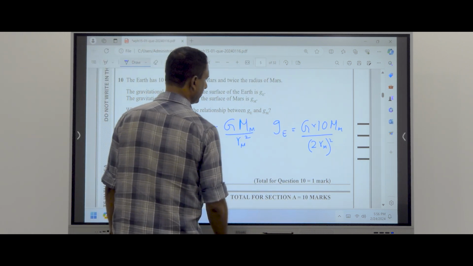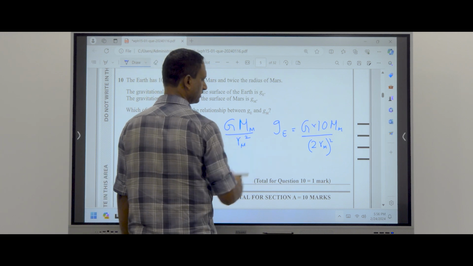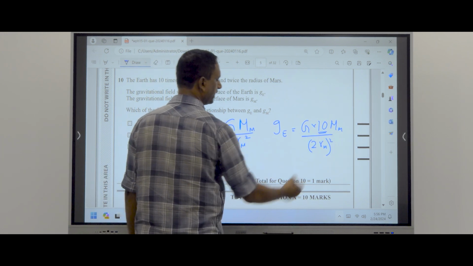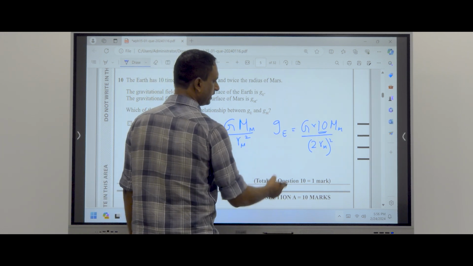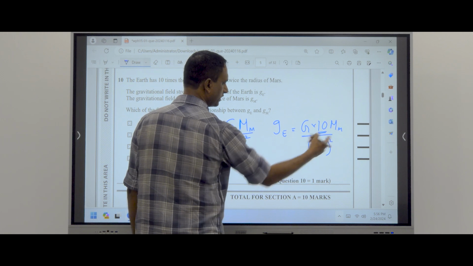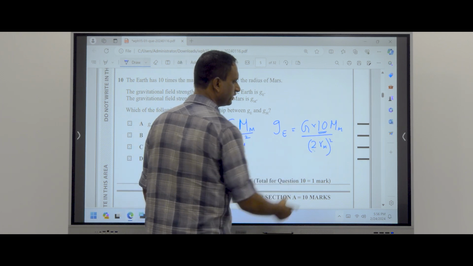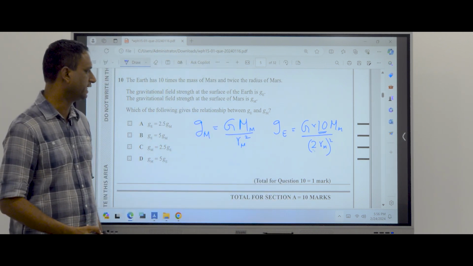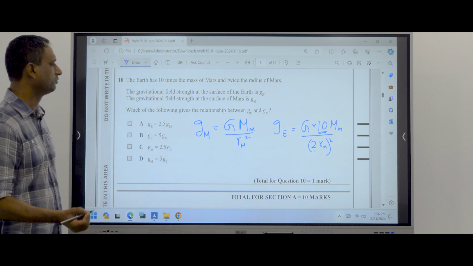We can clearly see that it is multiplied by 10 times greater and divided by 4, because 2 squared comes here. 10 times greater, 4 times less.